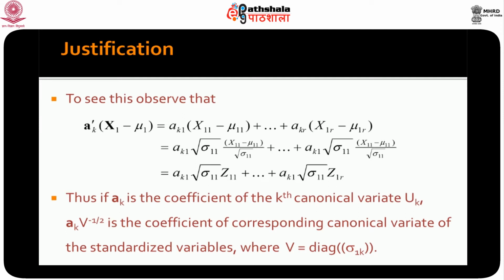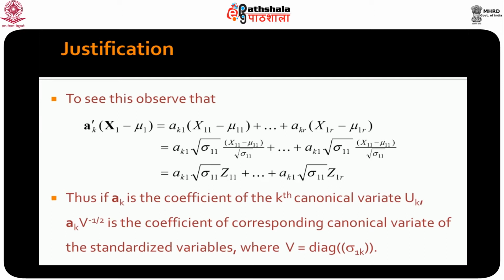And if we multiply and divide by the corresponding standard deviations, we can write this as ak1 root sigma 11 times (x1 minus mu 1) by root sigma 11, etc., up to akr root sigma rr times (xr minus mu r) divided by root sigma rr.